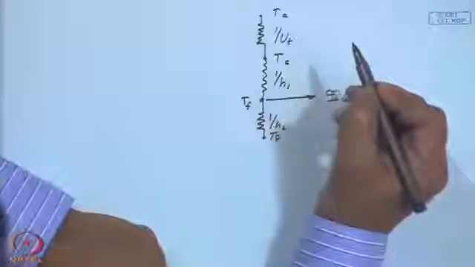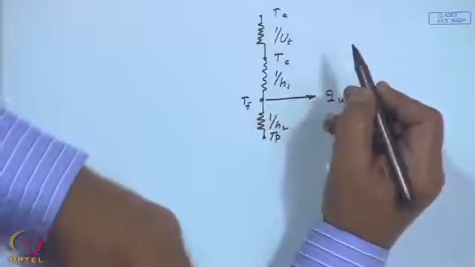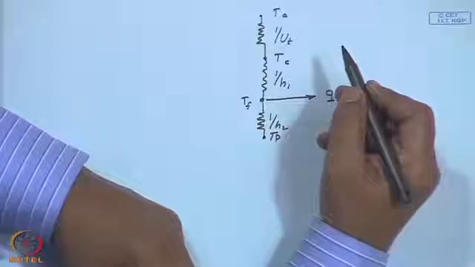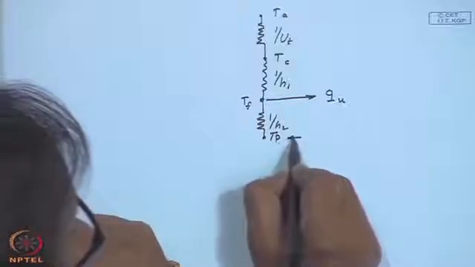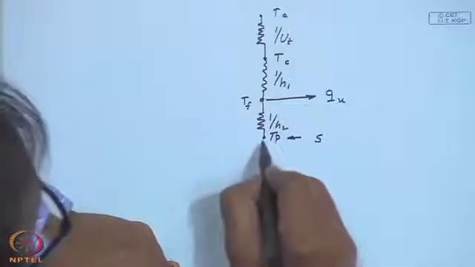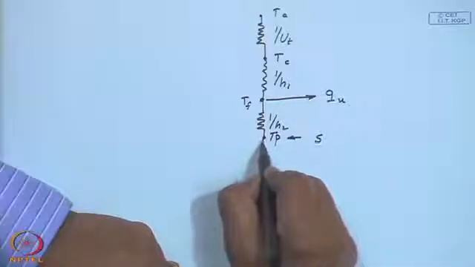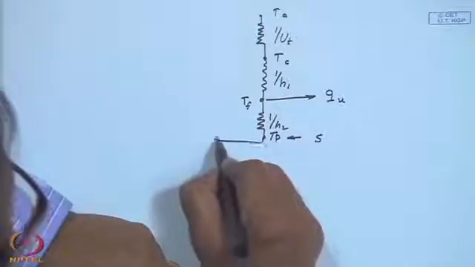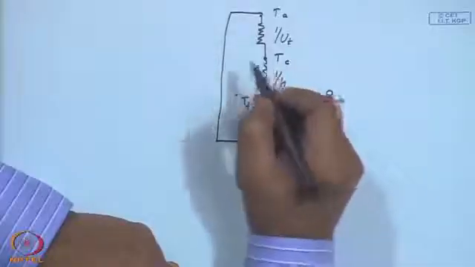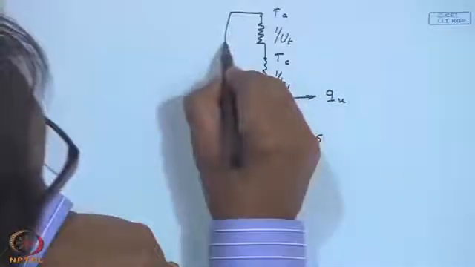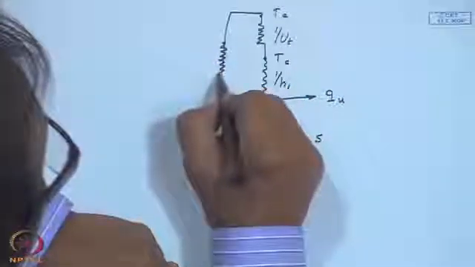Of course, you have got S absorbed energy over here. The loss is from here to here, with a resistance of 1 upon U t.